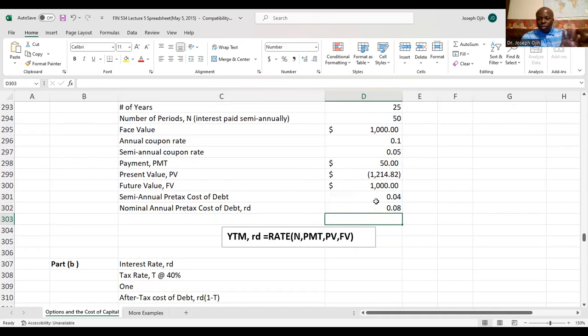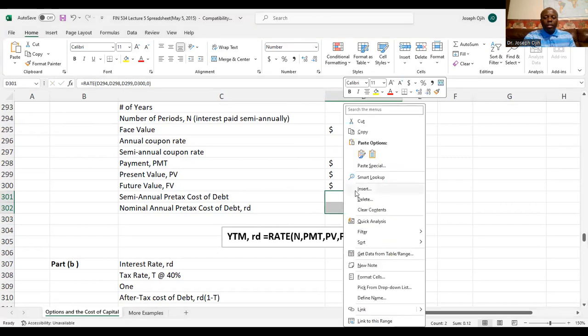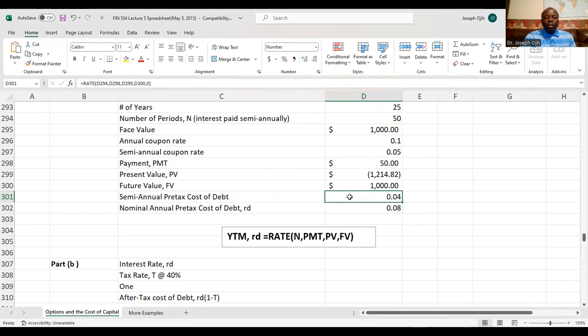Let me show you right here. Click on it, format cells, or you can just click on this and click on the percent. It says 4% for the semi-annual.